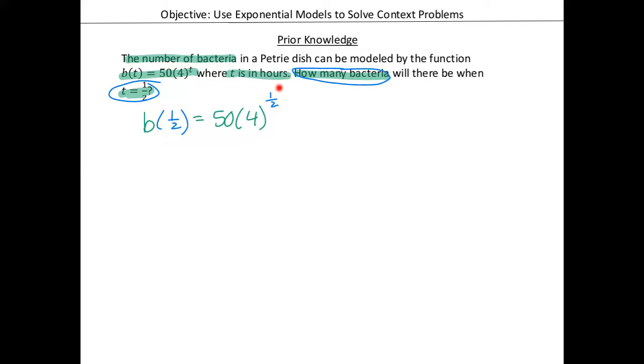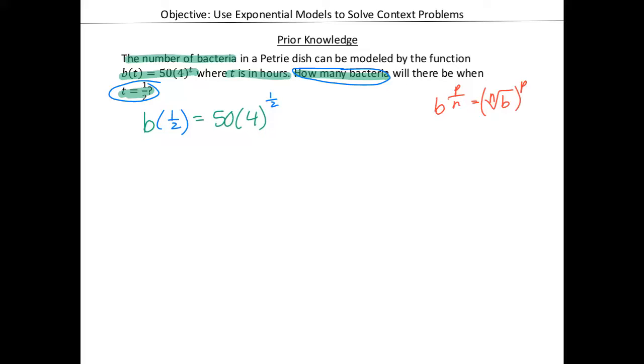If you look at this 1/2 power, if you remember changing from exponential form to radical form, if I had b to the p over n, we could change it to the nth root of b to the p power.